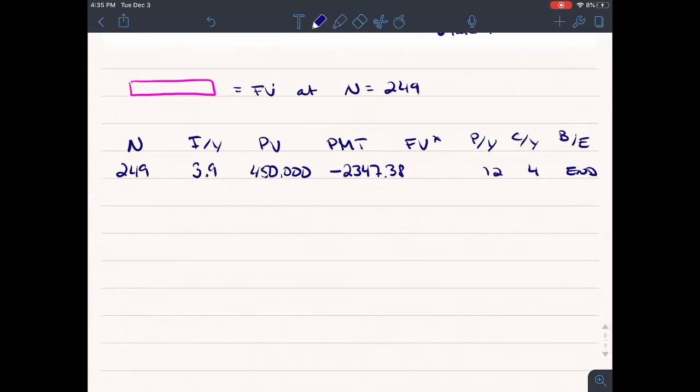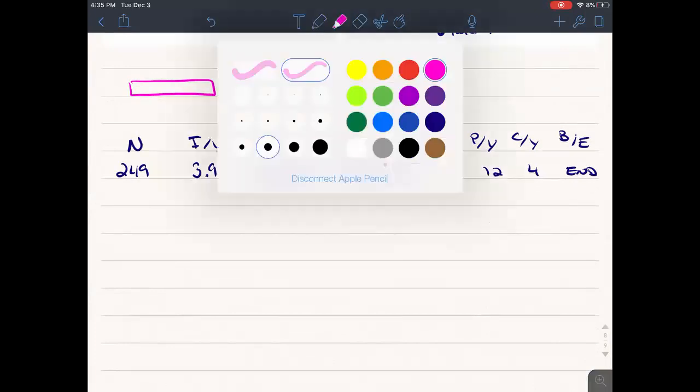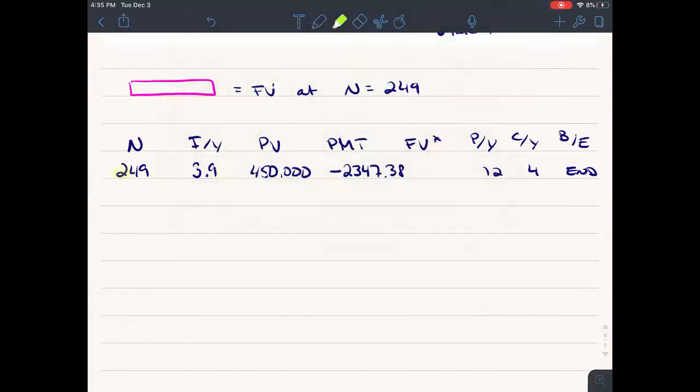So 249 for N. The only one that has changed is the N, adding the payment. The rest have stayed the same, so I don't actually need to go back and change them. You can if you want, but I'm just going to do the payment, 2347.38 negative, and then I can compute my future value.